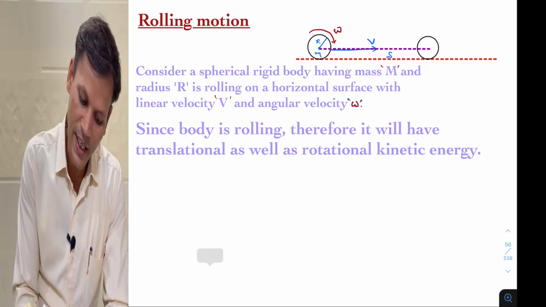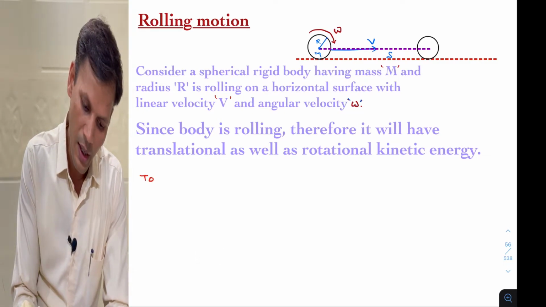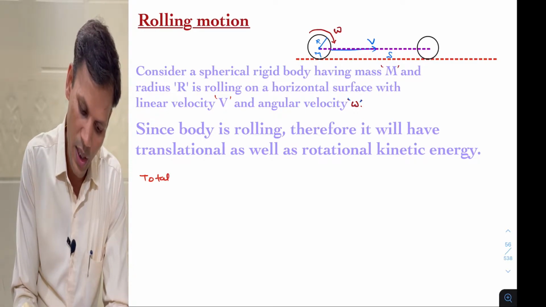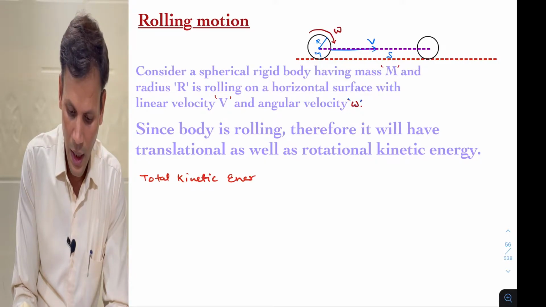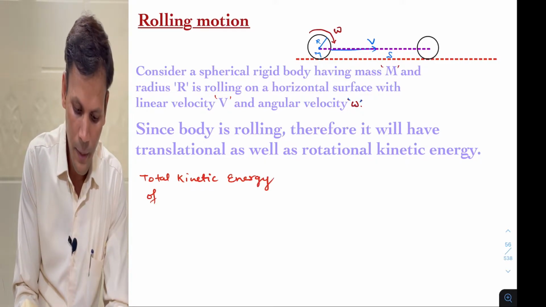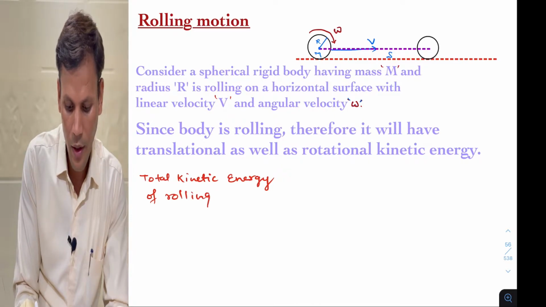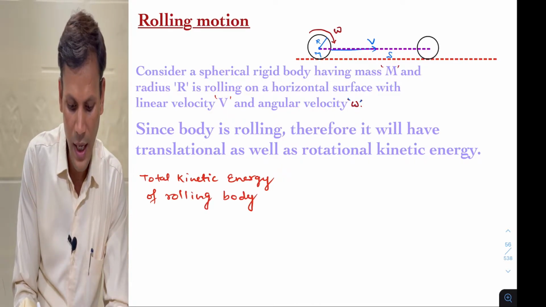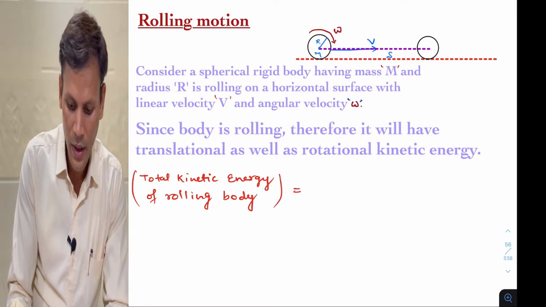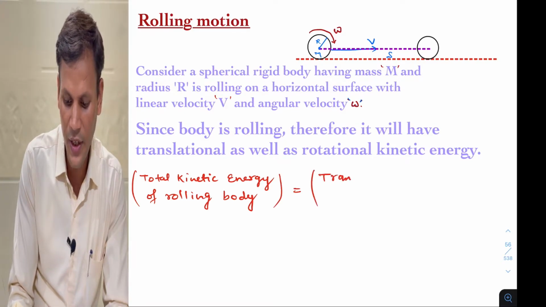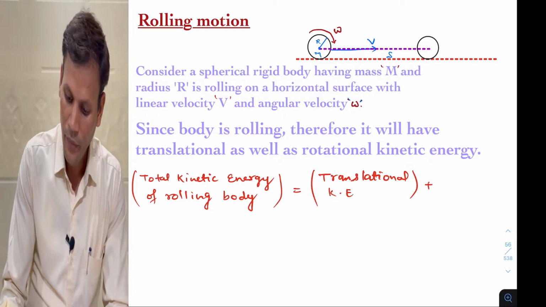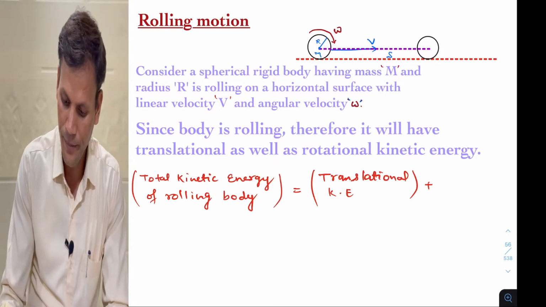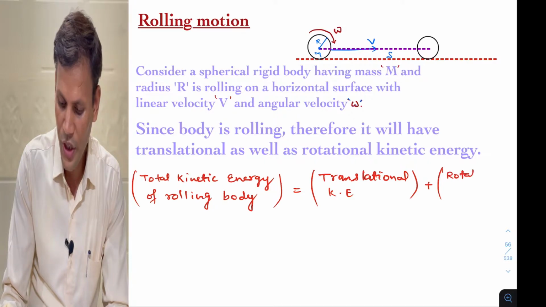In this case, total kinetic energy of rolling body will be equal to translational, that is linear, kinetic energy plus rotational kinetic energy.